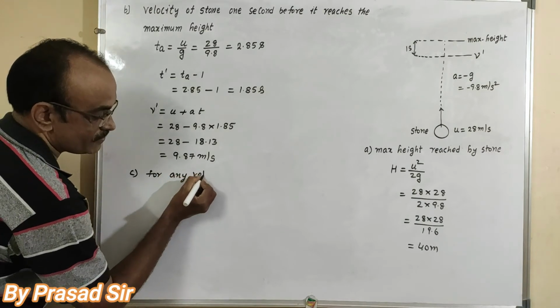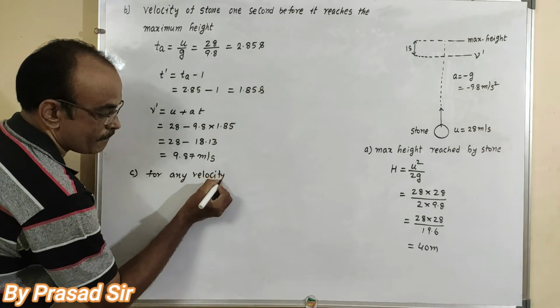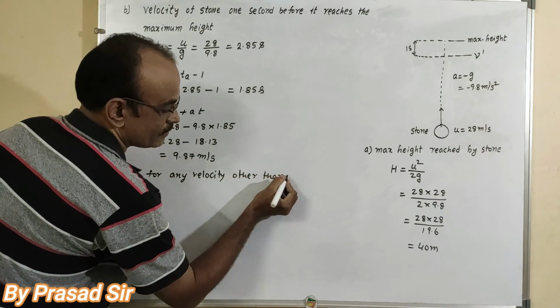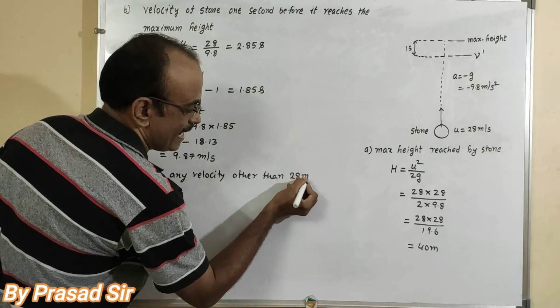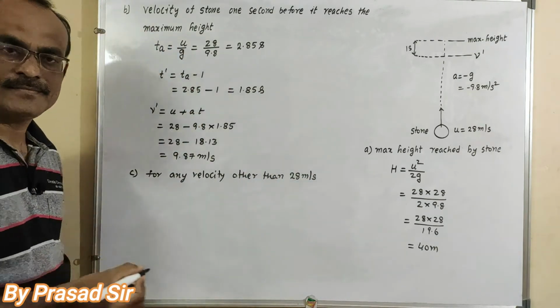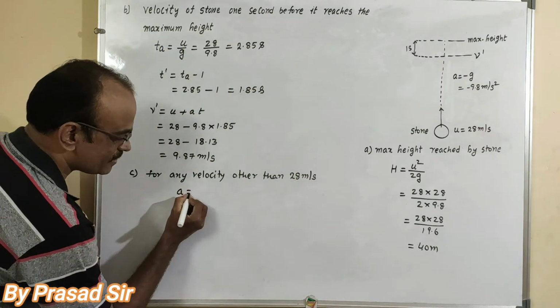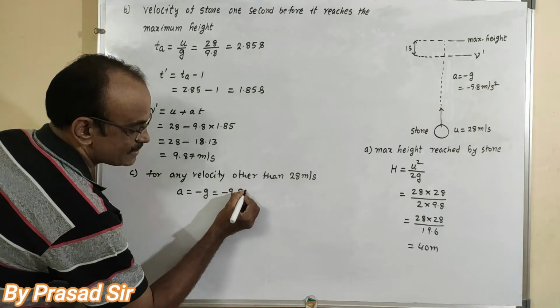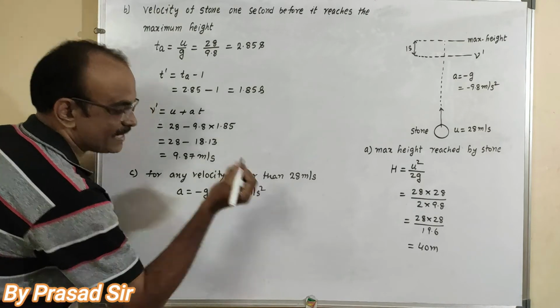Now C. For any velocity other than 28 meters per second, the acceleration is equal to minus g, which is minus 9.8 meters per second square.